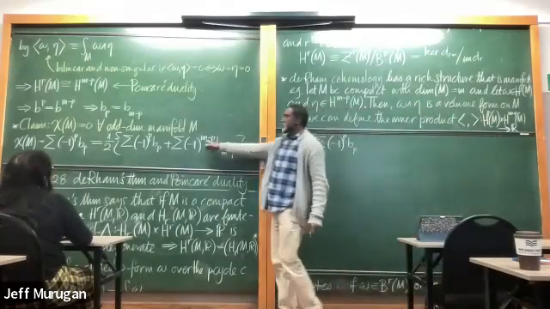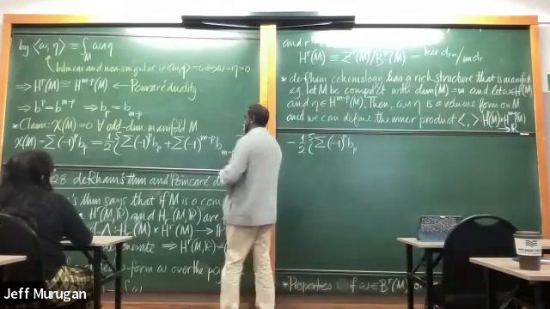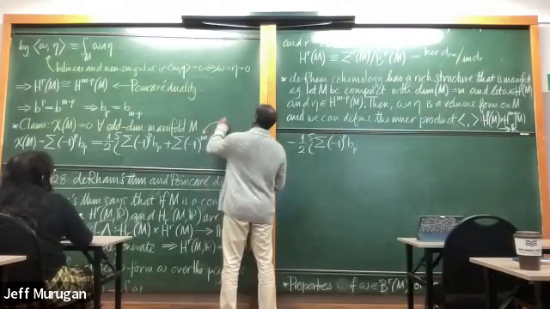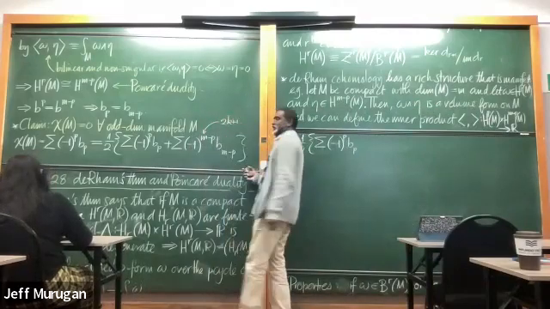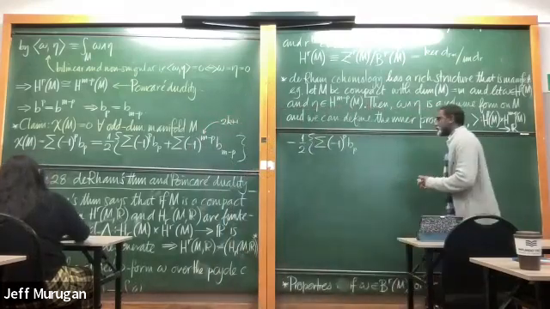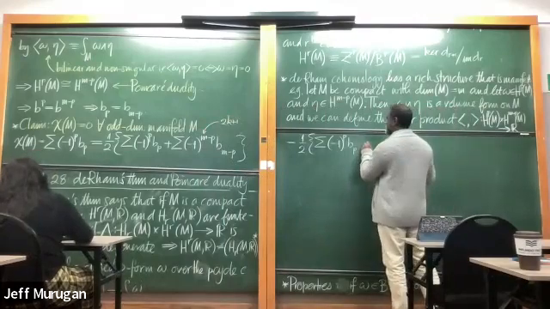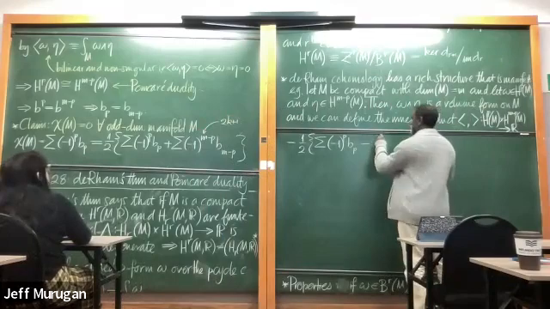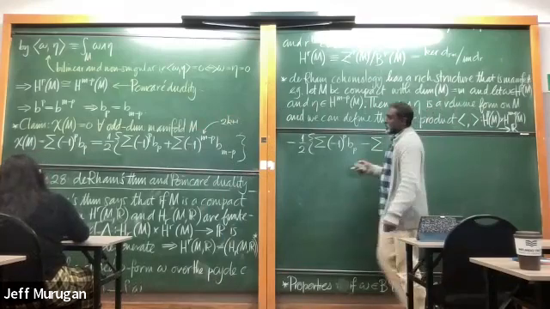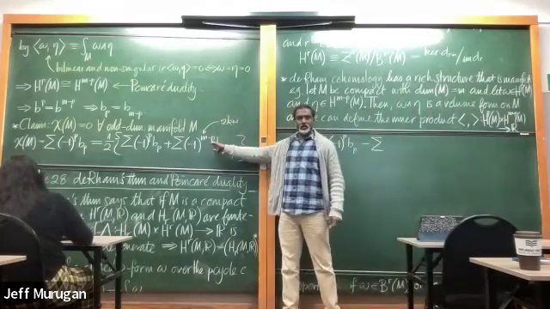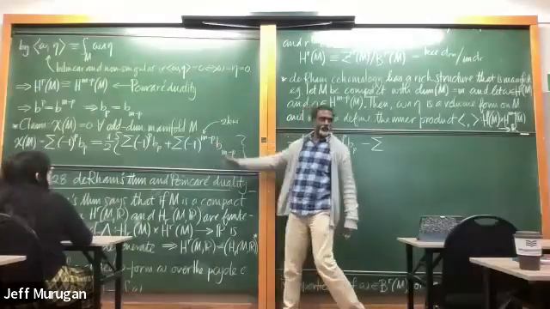And then I'm going to assume that m is an odd dimensional manifold, which means that I can write m as 2k plus 1. So I'll take out the (-1) to the plus 1. That's nice. Sum of (-1)^(2k-p), and (-1)^(2k) is 1.